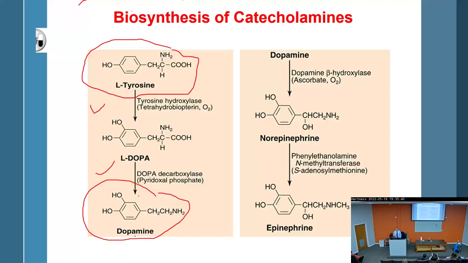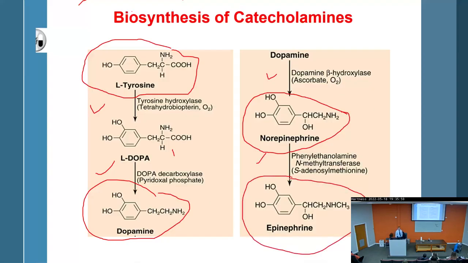Then the synthetic pathway continues, and dopamine becomes the substrate for another enzyme, this one here, and then we have norepinephrine here, and then with another enzymatic step, we have epinephrine.